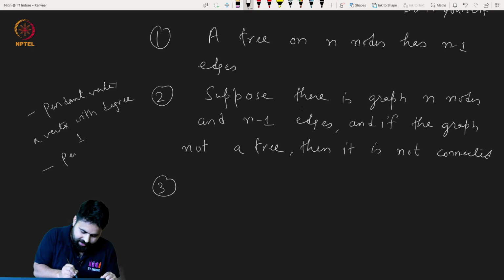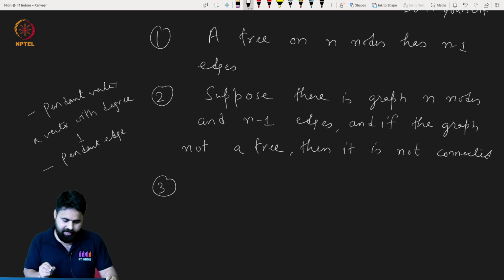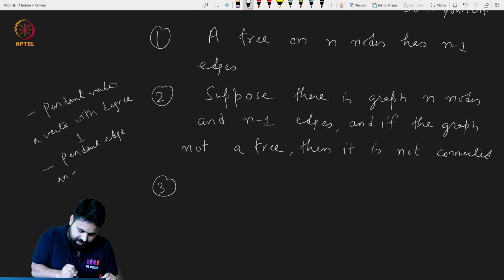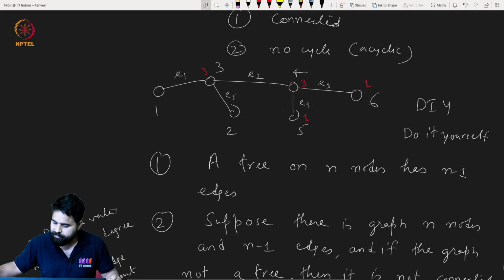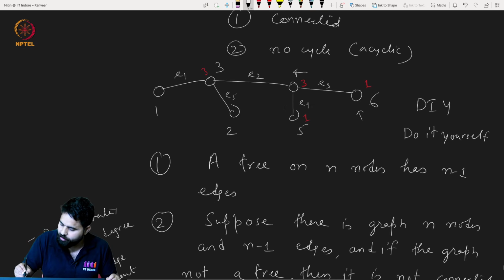So pendant edge is an edge incident on a pendant vertex. For example, here this is an example of a pendant vertex, and this is a pendant edge.